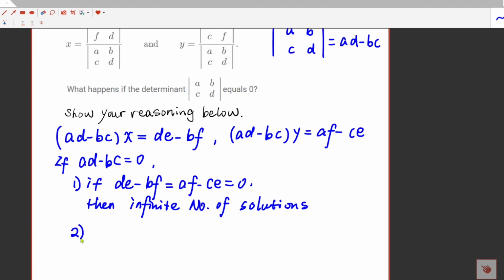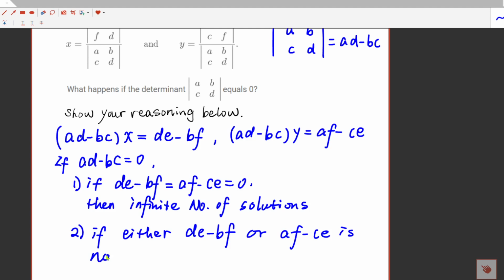However, in the second case, if either de minus bf or af minus ce is not zero, then the left side is zero and the right side is at least a non-zero number, right?